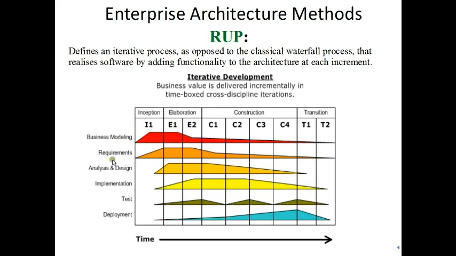At the left-hand side, we can see process modeling, requirements, and these are the software development stages. And in every one of these stages, we basically do different types of activities. So the activities, for example, business modeling, can happen throughout the entire life cycle. So it's basically a living dynamic process.